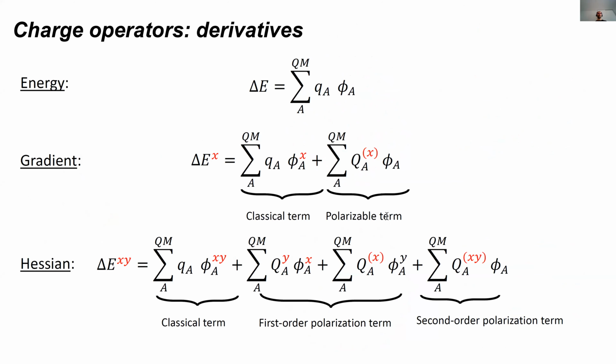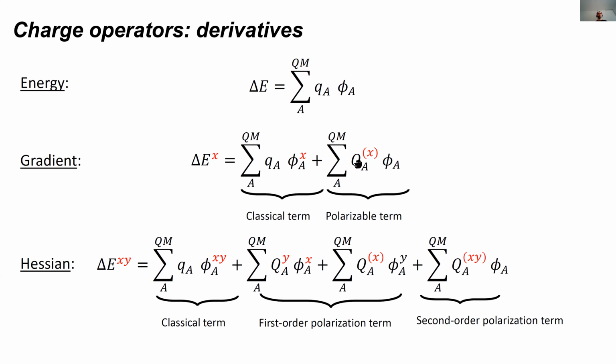So if you want to make a QMMM method really useful, you must not only calculate the energy but also the gradient. And if you are really a crazy person, you will also calculate the Hessian, for example, for vibrational spectroscopy. So the expression for the energy and the gradient is just derived from this expression.